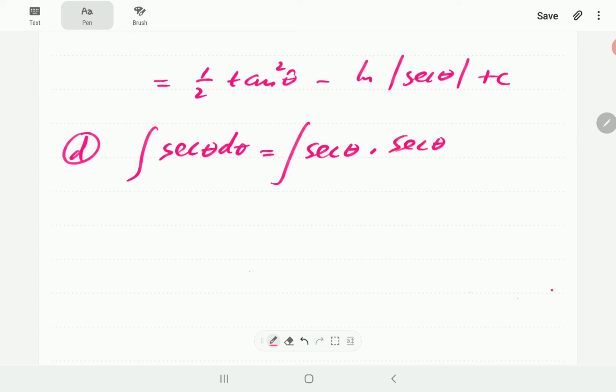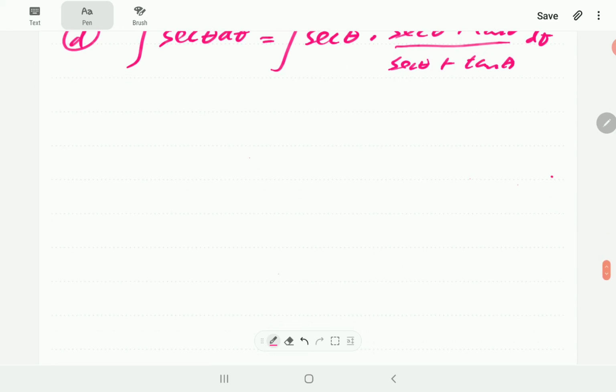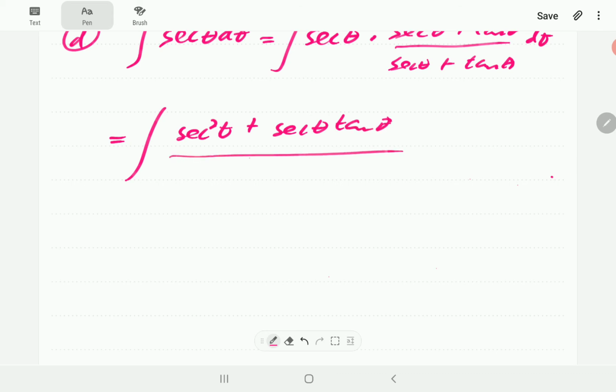We multiply this by secant theta plus tangent theta over secant theta plus tangent theta. And then the numerator is going to be secant squared theta plus secant theta tangent theta over secant theta plus tangent theta.